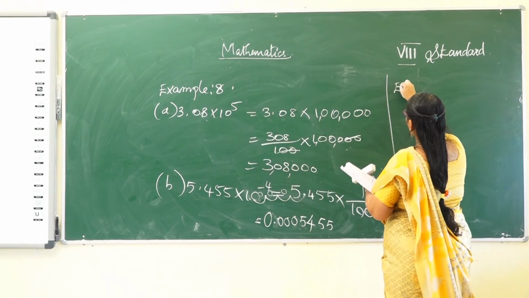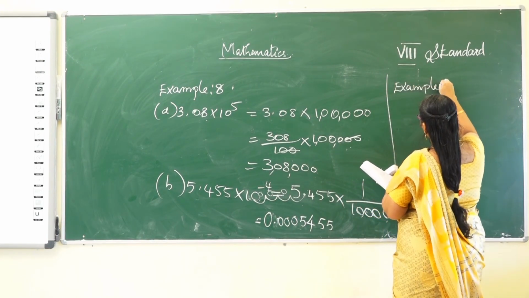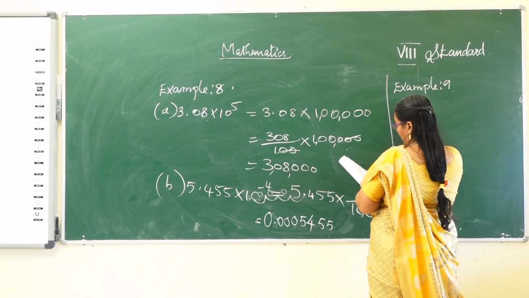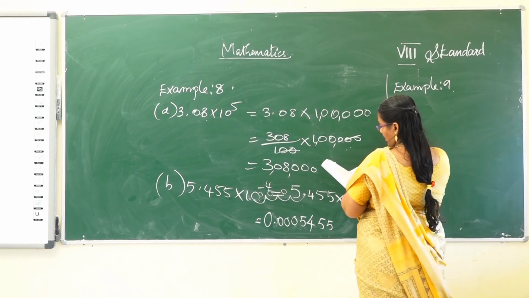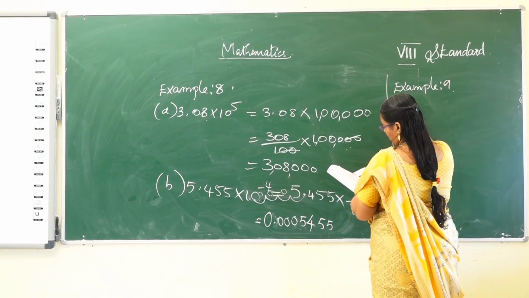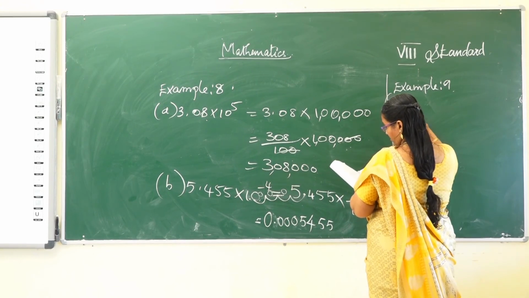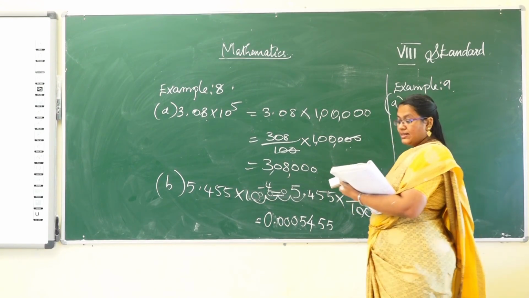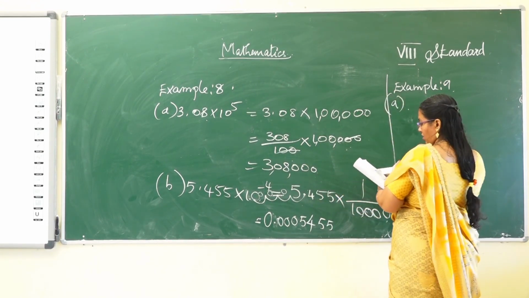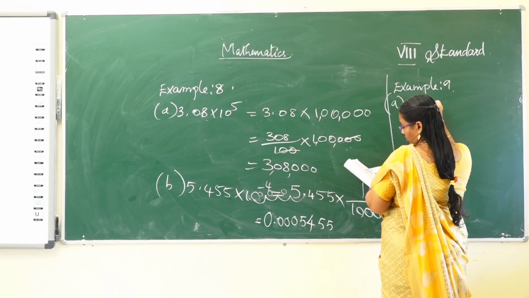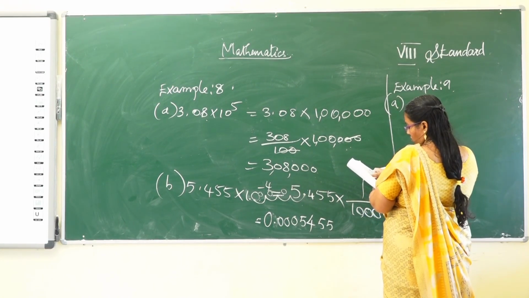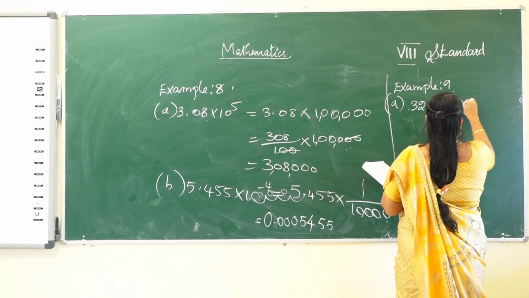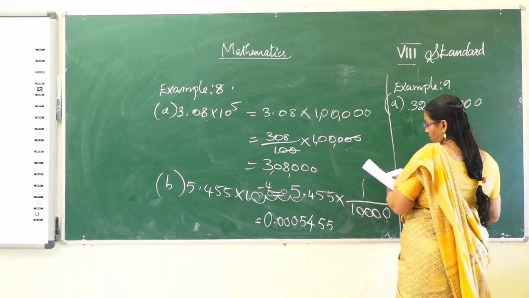And now example 9. Write the following in scientific notation. The first one, 332 followed by zeros, is given.